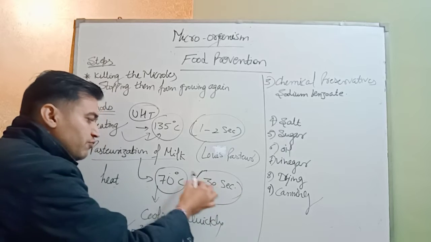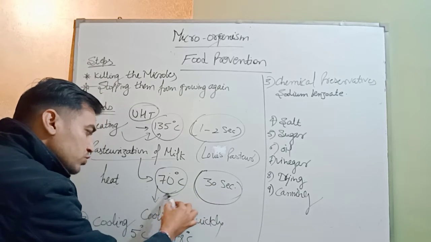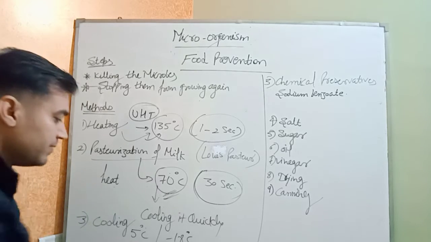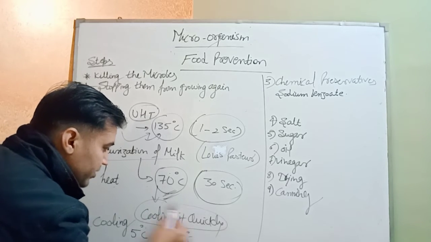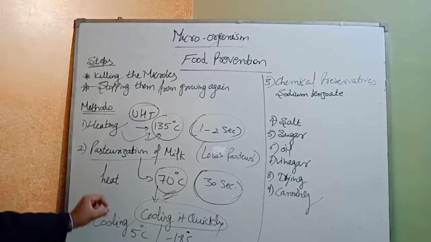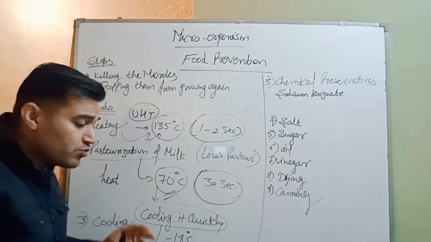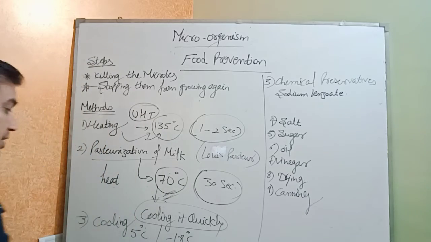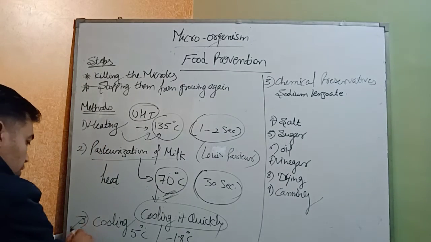Means for 30 seconds we have to heat the milk up to 70 degrees Celsius, and just after that we have to cool it quickly. This process is called pasteurization of milk, and this process kills most of the bacteria especially in milk.